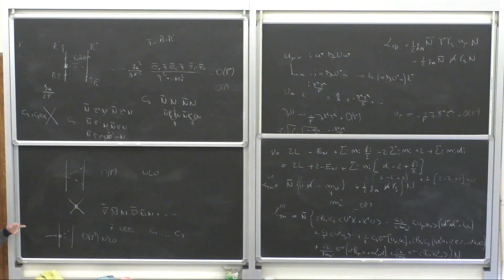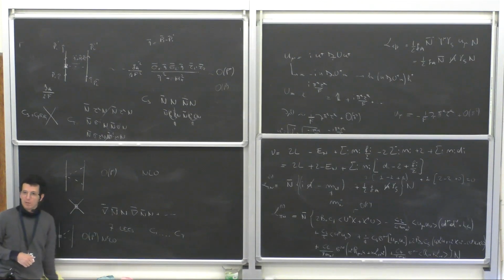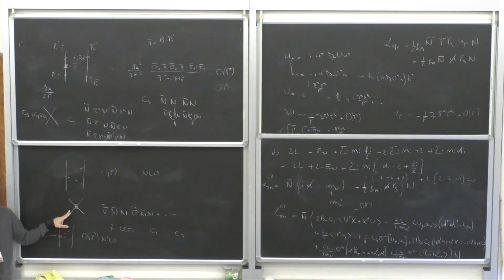There is a difference between the vertices involving pions and the vertices not involving pions, like this C1 to C7. Those we have to resort to nuclear data to determine. The vertex with the pion, we can take from the one nucleon sector.